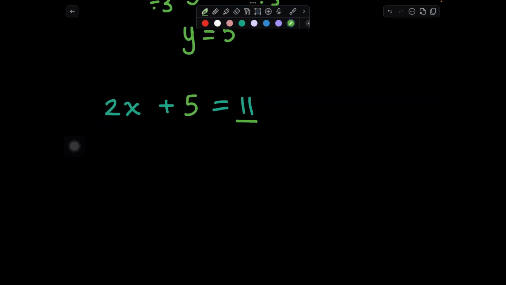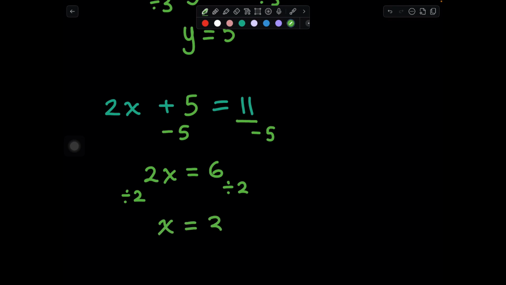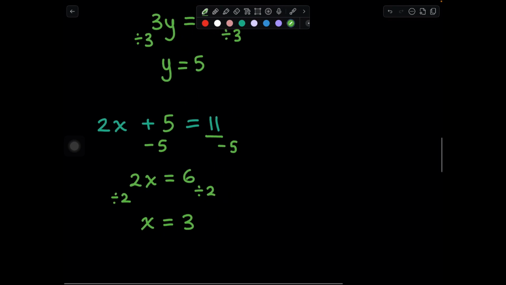So now that I've replaced it, I can solve for our x. So we minus 5 from both sides, and we get 2x is equal to 6, and then finally dividing both sides by 2 gets the x by itself, and we get x is equal to 3. And those are our two answers, x equals 3 and y equals 5.